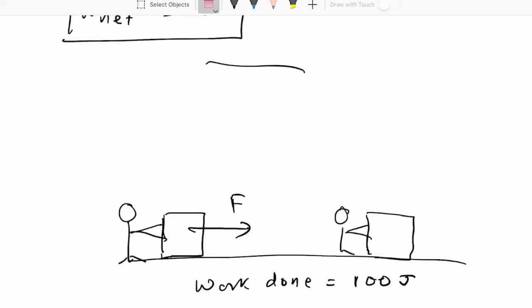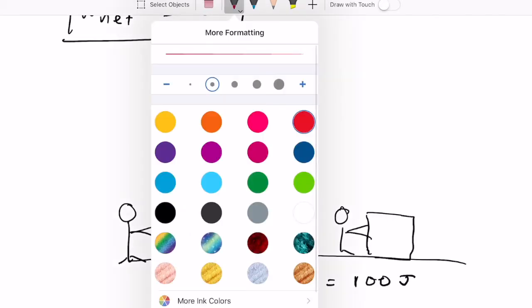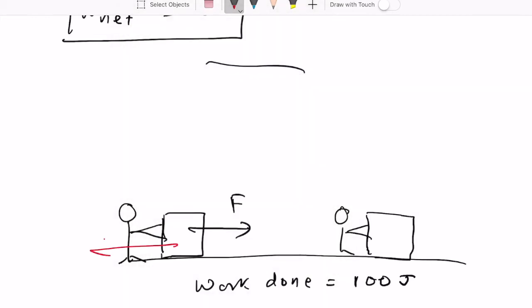Well, the force that you had to overcome was the force of friction, and the force of friction kind of looked like this. So you spent 100 joules of your own energy to overcome the friction and do work against friction, right?